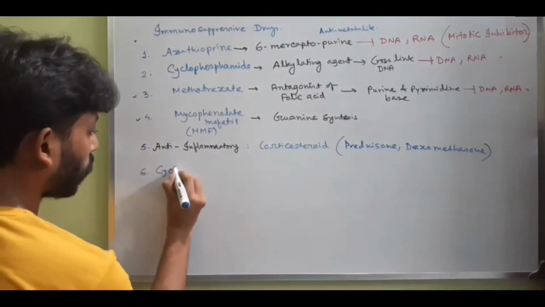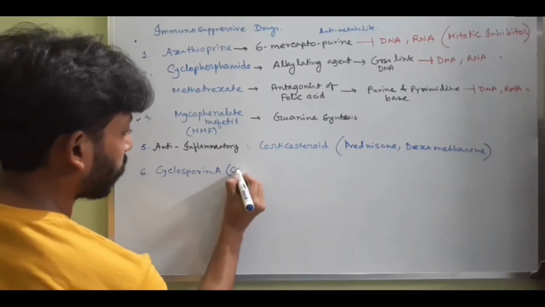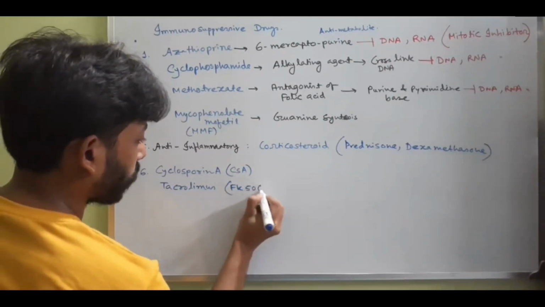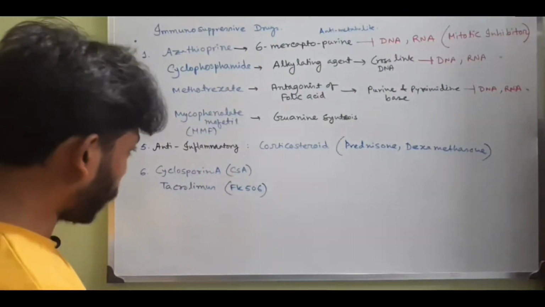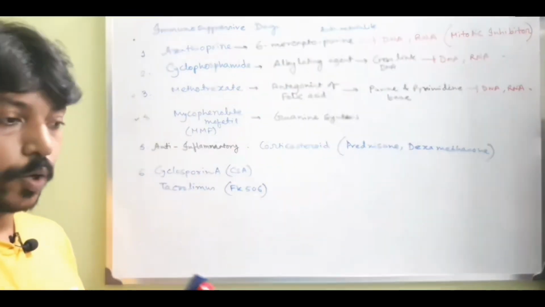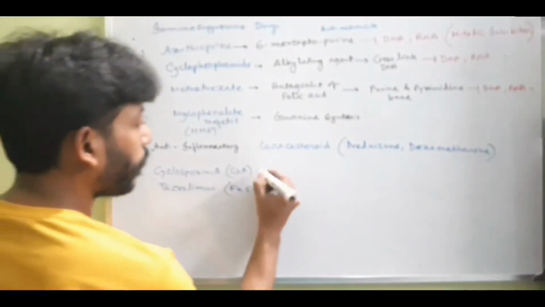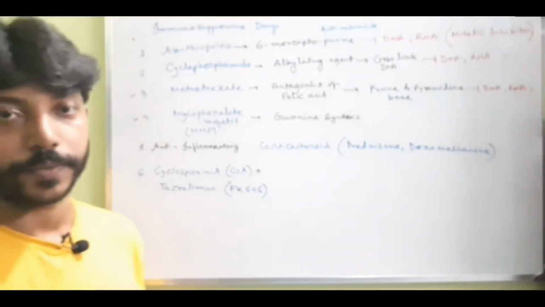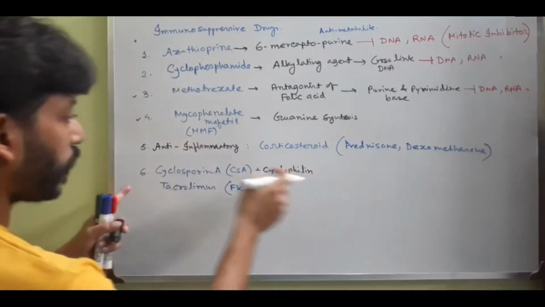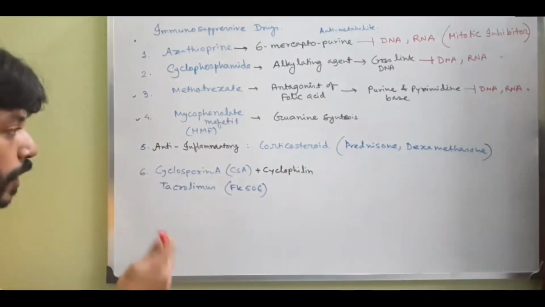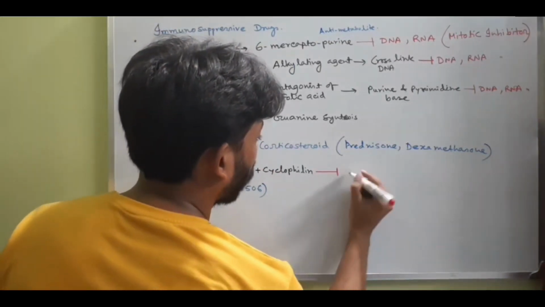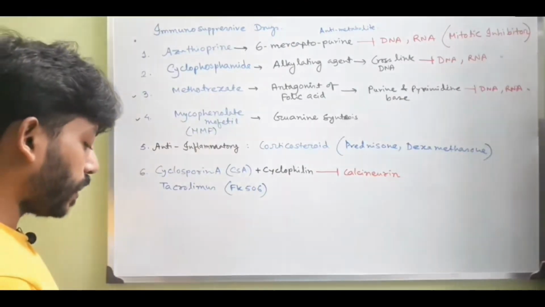Fungal metabolites are derived from fungi. Examples are cyclosporin A, also known as CSA, and tacrolimus, also known as FK506. When cyclosporin A enters the cell, it binds with a molecule that is ubiquitous in all cells, called cyclophilin. Cyclosporin A and cyclophilin together inhibit a molecule called calcineurin. And what is the role of calcineurin?